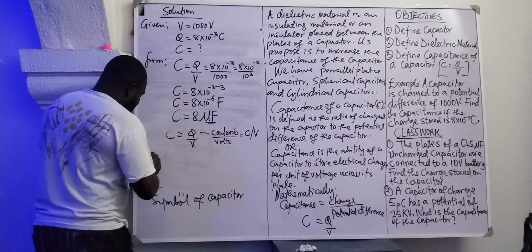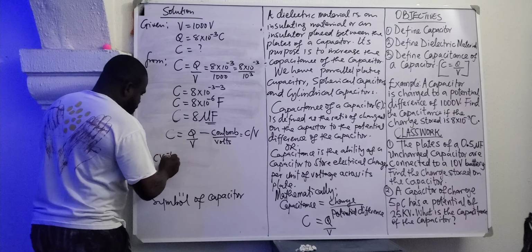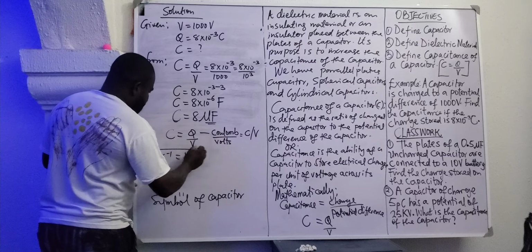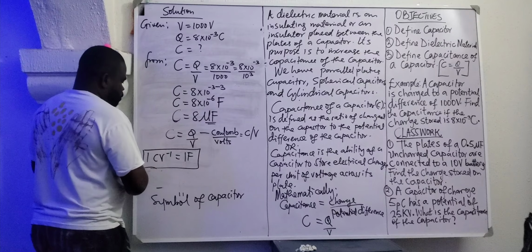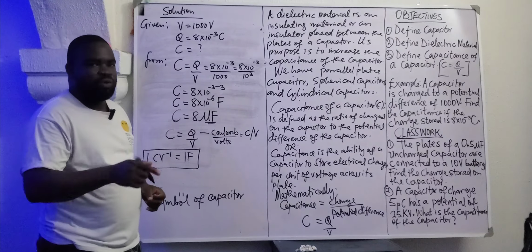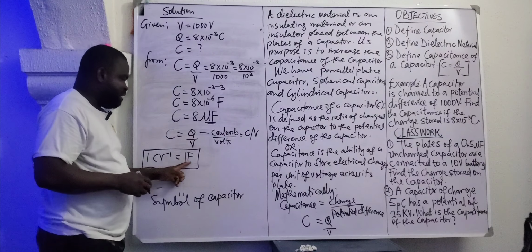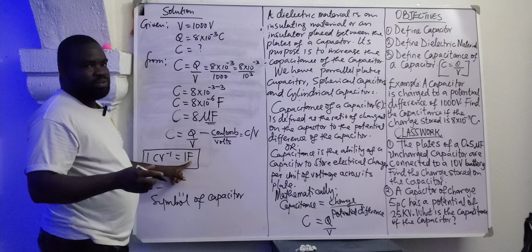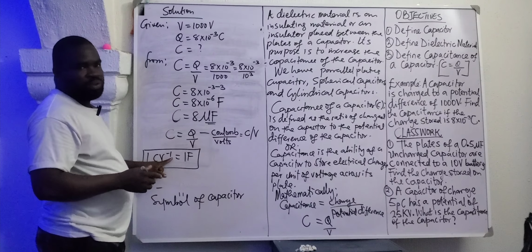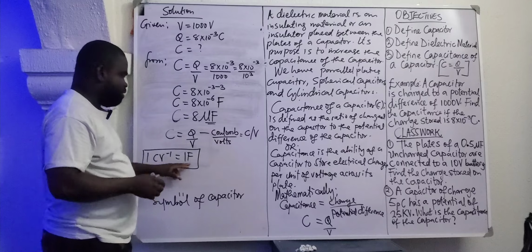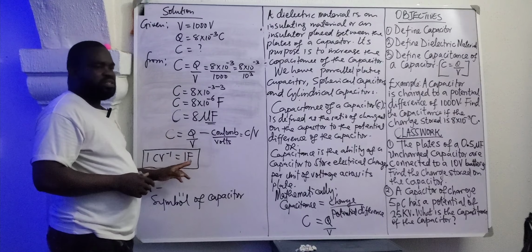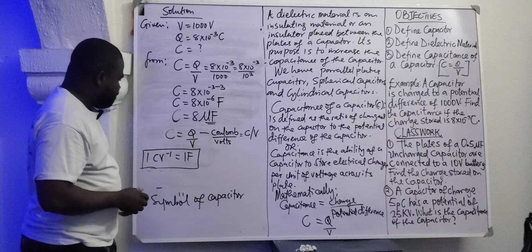So we say 1 coulomb per volt is 1 farad. 1 coulomb per volt is what? 1 farad. So you can be asked, which of these is the unit of capacitance? Yes, farad is the SI unit of capacitance. In the absence of farad, coulomb per volt is also acceptable. So both are units of what? Of capacitance, but the SI unit is what? Is farad, like I've said before.